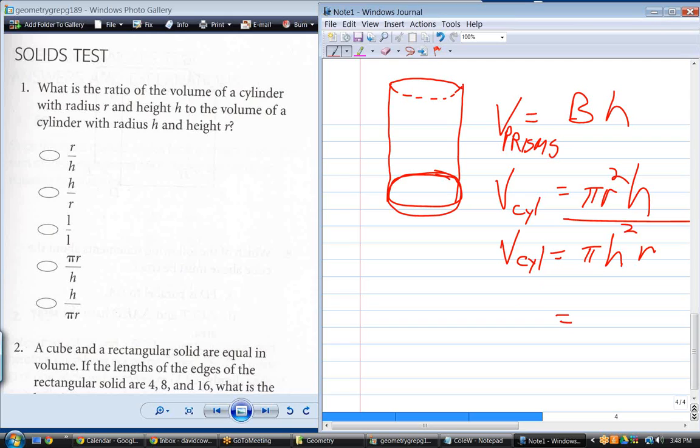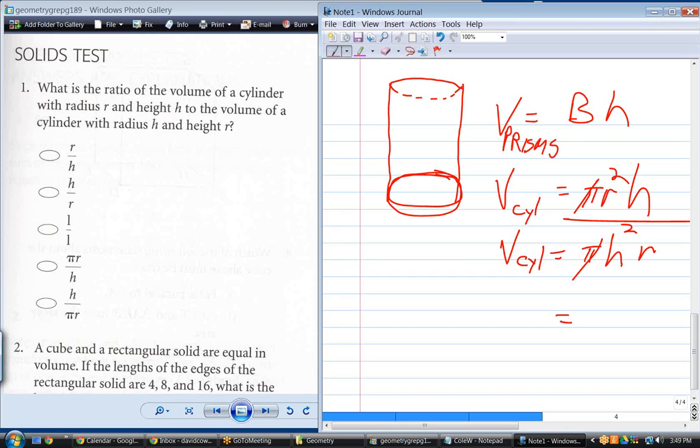This is just an algebra problem at this point. So cancel the pi's. Okay. Cancel the squares. No, that's an r squared. This is an h squared.